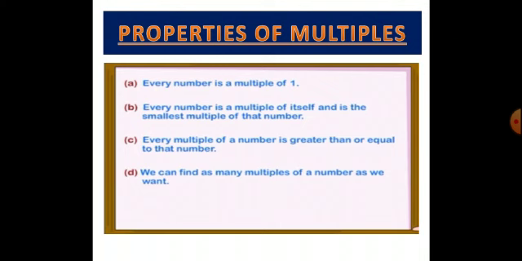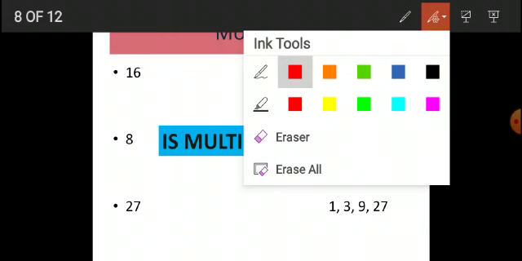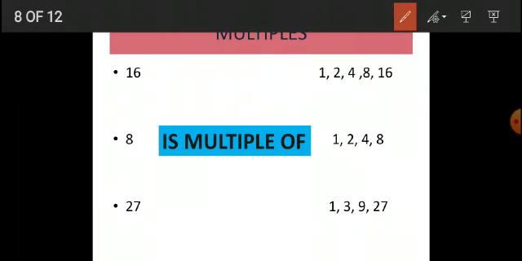Property number 1 says every number is a multiple of 1, and property number 2 says every number is a multiple of itself. Let's see. Children, see here, 16 is a multiple of 1 and 16 itself.